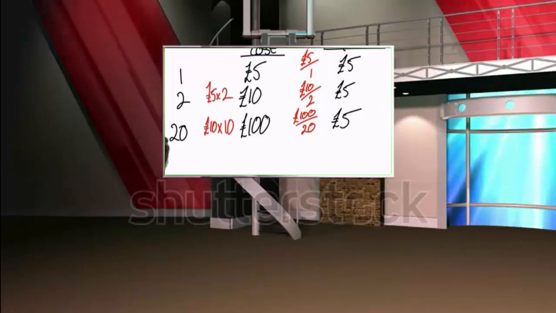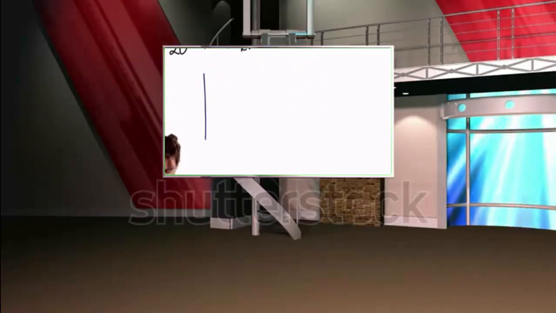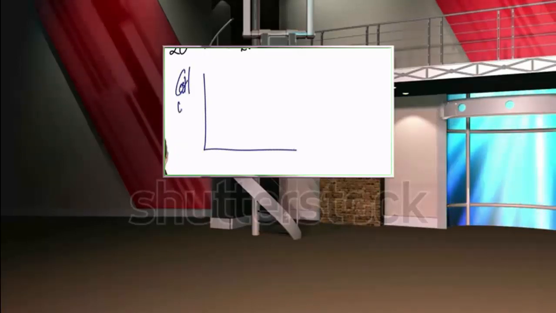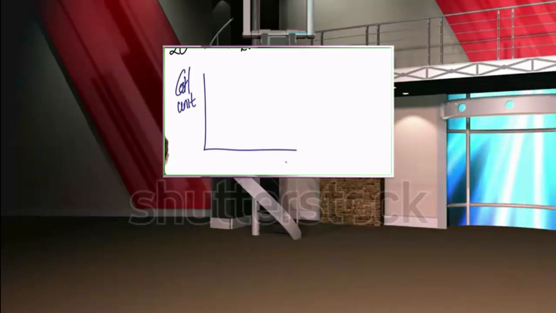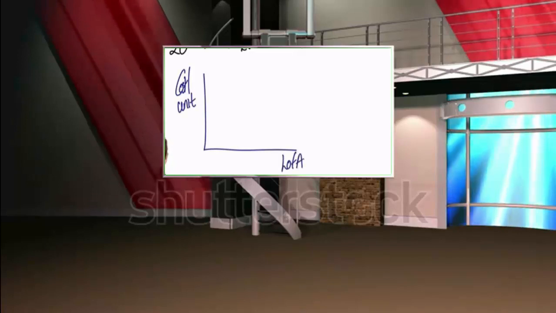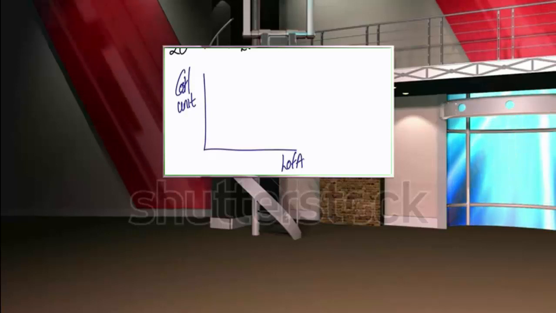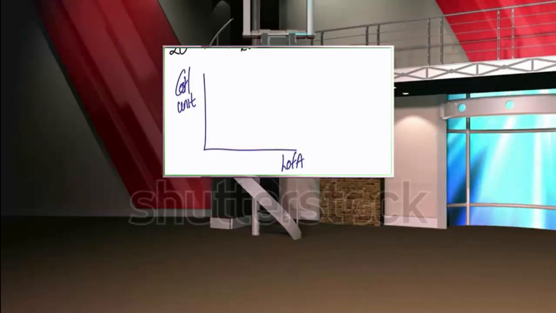If we were to show our variable cost per unit on a graph, this time we've got our cost per unit on the y-axis and our level of activity on the x-axis. So we'll ask our first question.